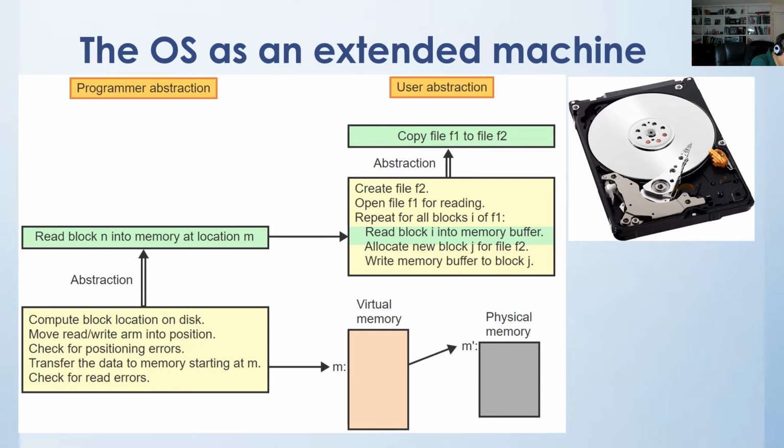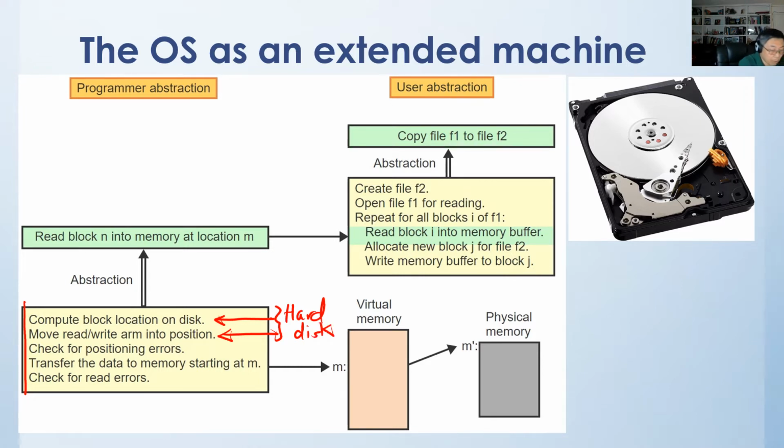What does this operation consist of? You first need to copy the block location on disk, so you need to calculate where the block location of this file is. And then you move the read and write arm into position. Both of these operations happen on the hard disk, the hard drive.